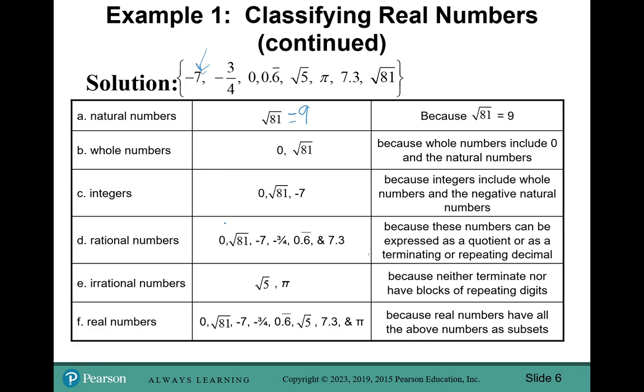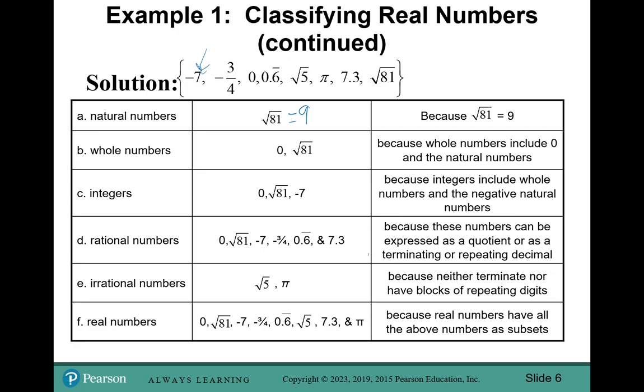So our rational numbers here are 0, 81, -7, everything included in our previous sets, but as well it includes the fractions, so it includes -3/4. It includes repeating and terminating decimals, so 0.6 repeating and 7.3. Our irrational numbers here are the square root of 5 and pi, essentially the leftover numbers that aren't rational.